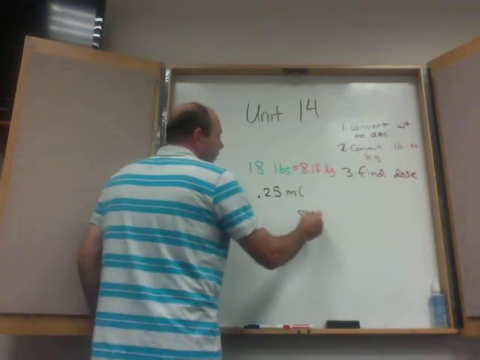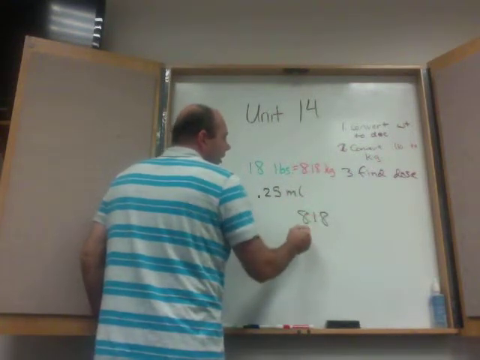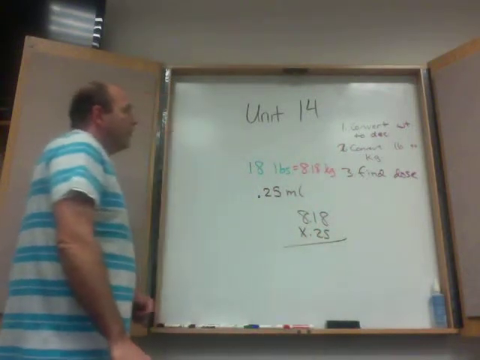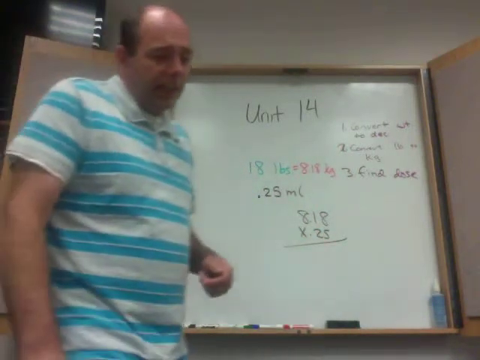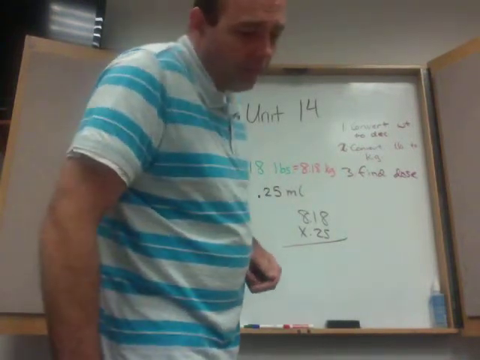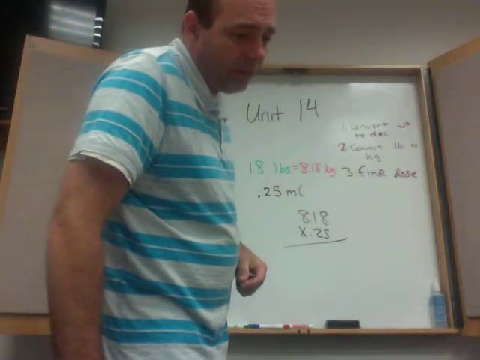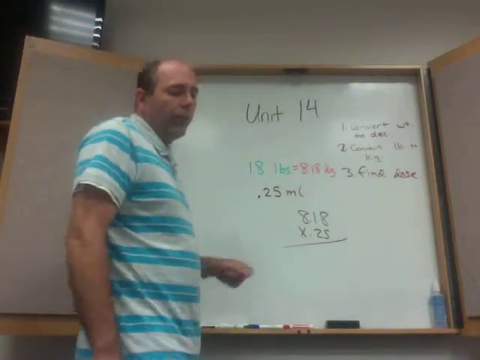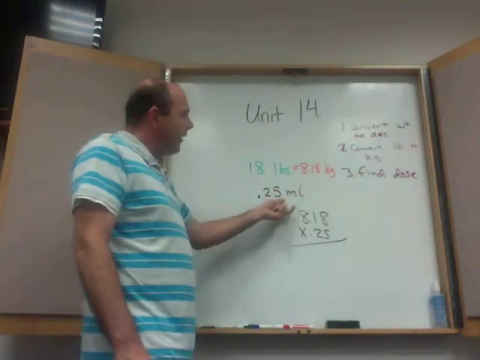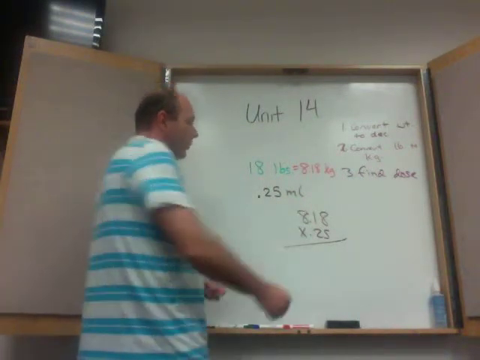I'm just going to set it up 8 and 18/100 times 25/100th, and this will help me find what the dose is. And I need to round the individual dose to the nearest whole number.